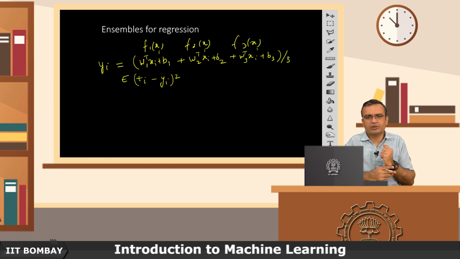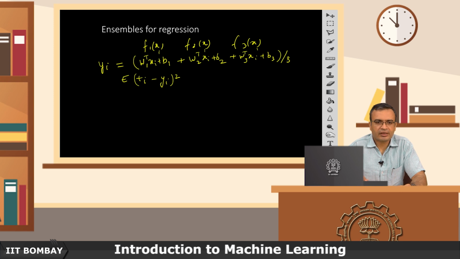It could be two also. Here we took an example of three. In regression, we don't have to have an odd number of constituents. We can have two regressors, four regressors also. But let's look at this. So what is this expected value?